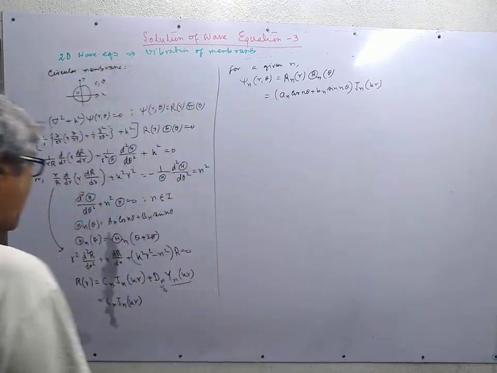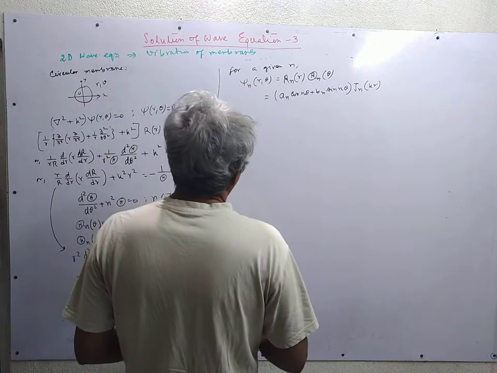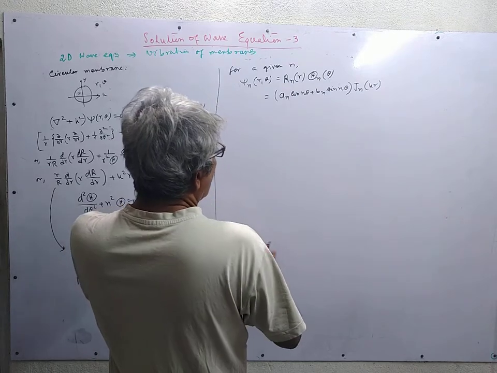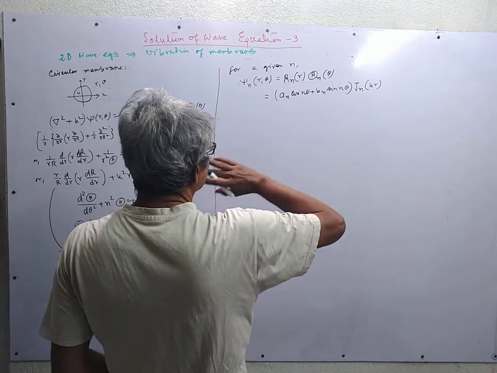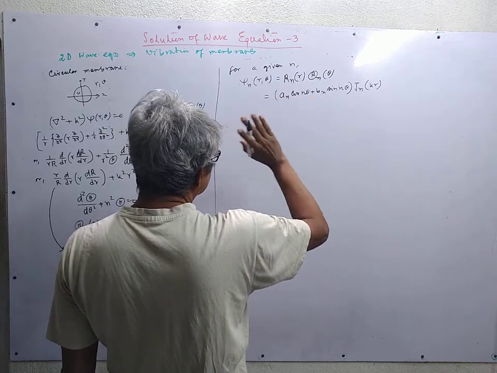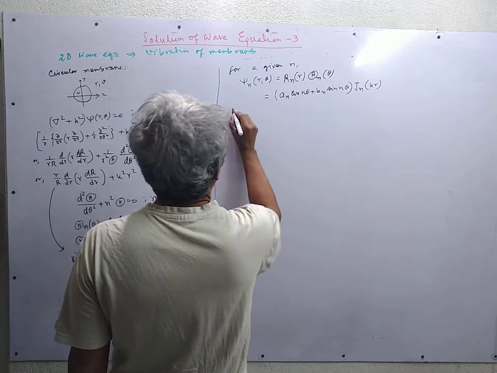And n can have values from 0 onwards, so this is the most general solution. And for the time part, we have to multiply it.